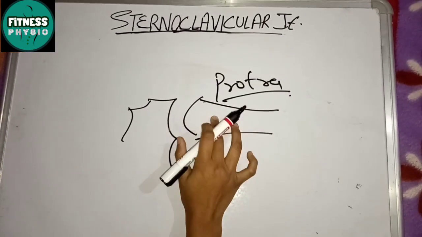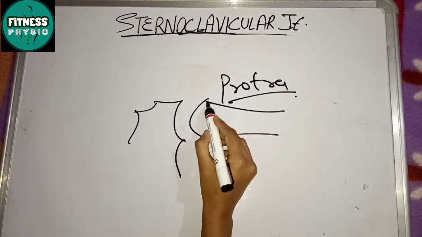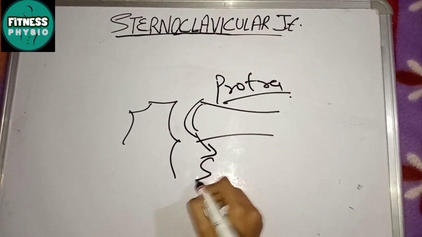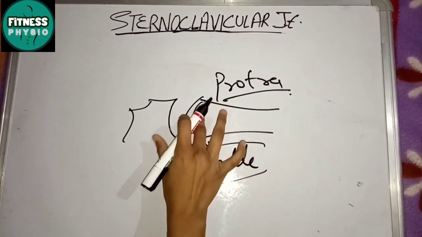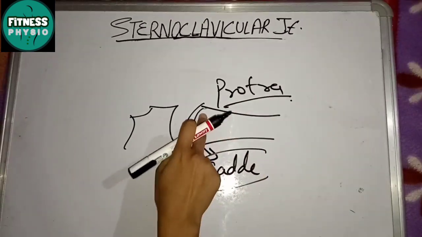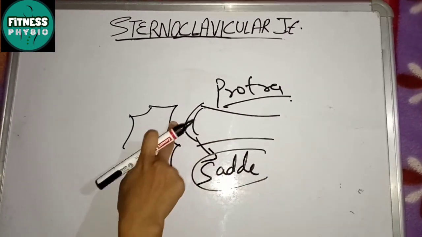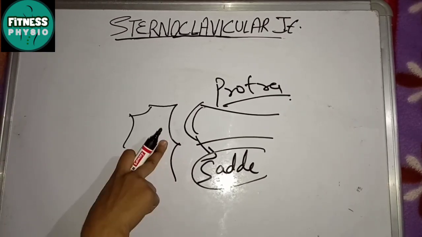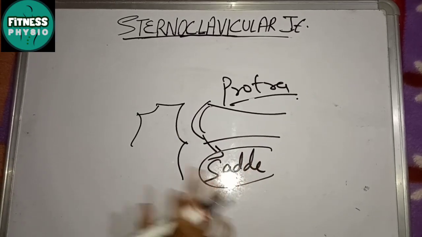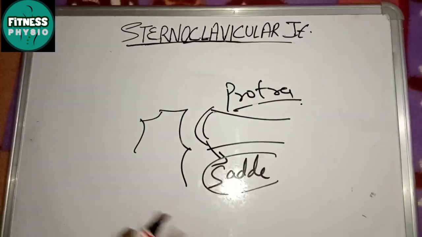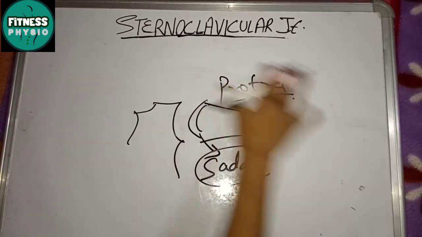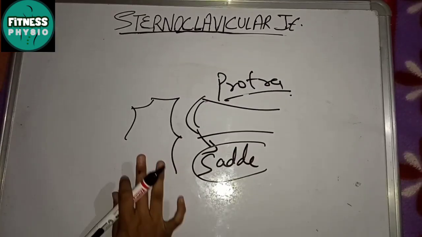In my earlier discussion, I mentioned that the articular surface is saddle shaped. It means it has both concave and convex. So in protraction and retraction, the concave part of your clavicle is moving on the convex part of your manubrium sterni. So don't be confused about where convex and concave are coming from. To make this easier, you must know about your arthrokinematics and osteokinematics.